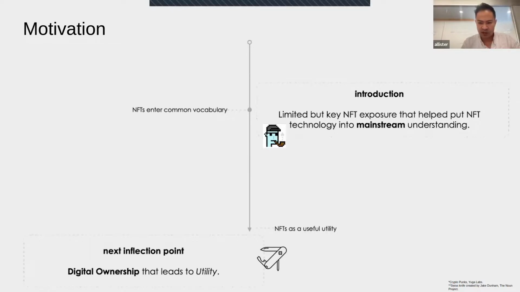But the amazing thing here is in 2021, that wasn't us here in the Web3 community. This was the public at large. And that was a very, very big inflection point, and it introduced the rest of the world to this notion of what an NFT is and what that means for ownership.